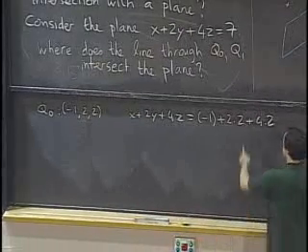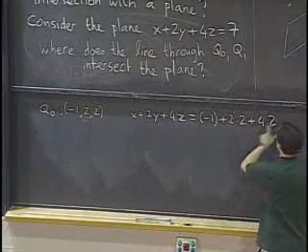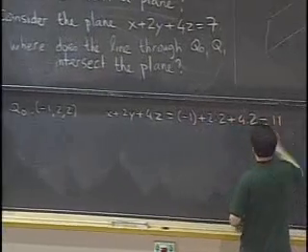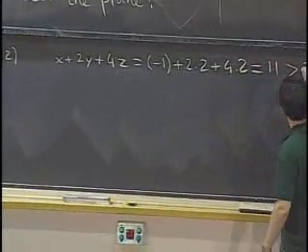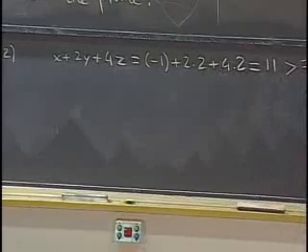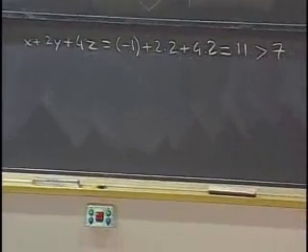That's 4 plus 8, 12, minus 1, 11. That, I think, is bigger than 7. Okay, so Q0 is not in the plane.